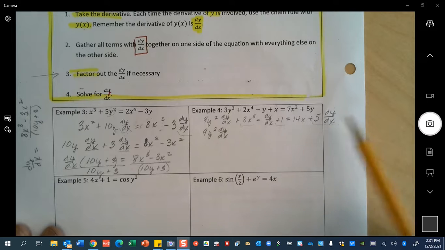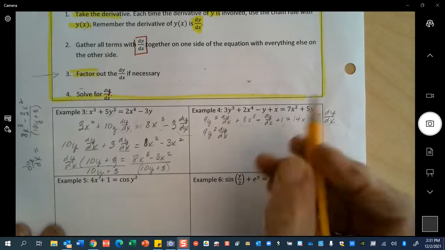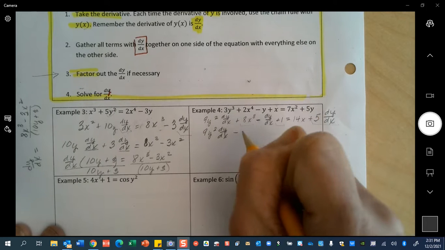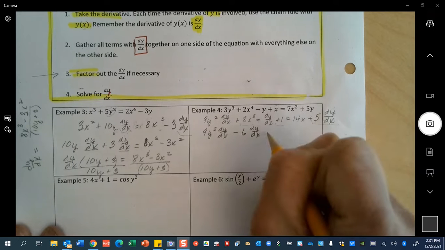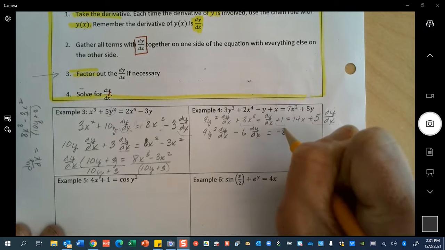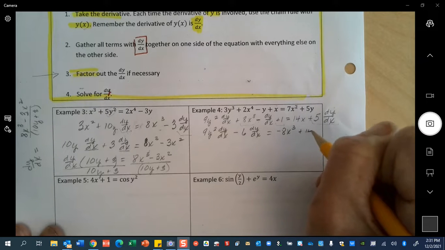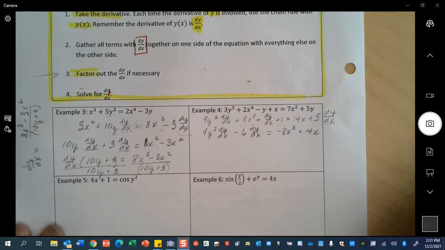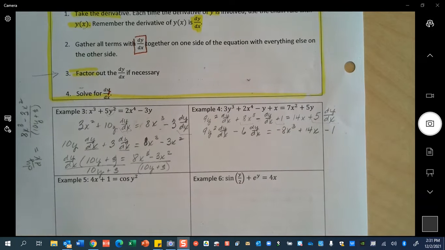So if I subtract 5 dy/dx's, and I already have negative 1, do you see how that's minus 6 dy/dx's is going to be equal to, I'm sending my 8x cubed to the other side of the equation. I already have a 14x over there. And I'm sending my positive 1 over.